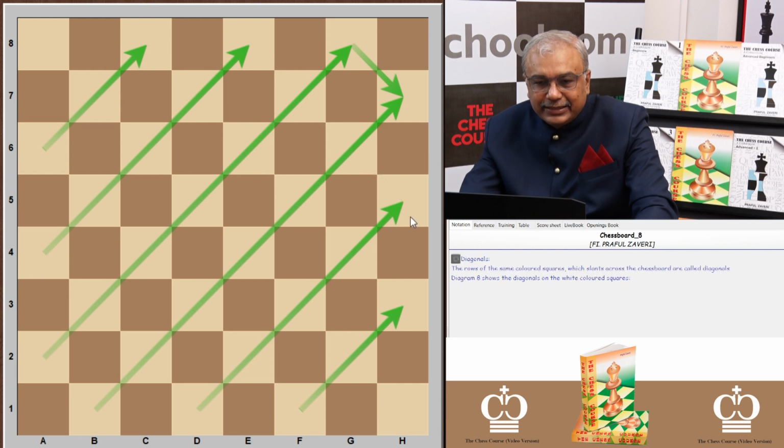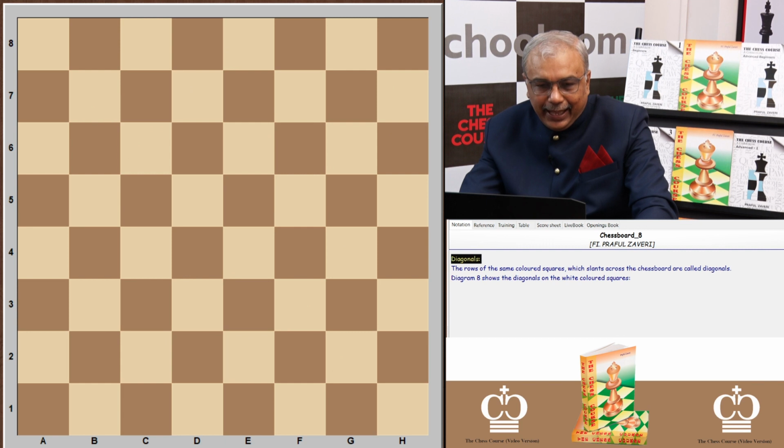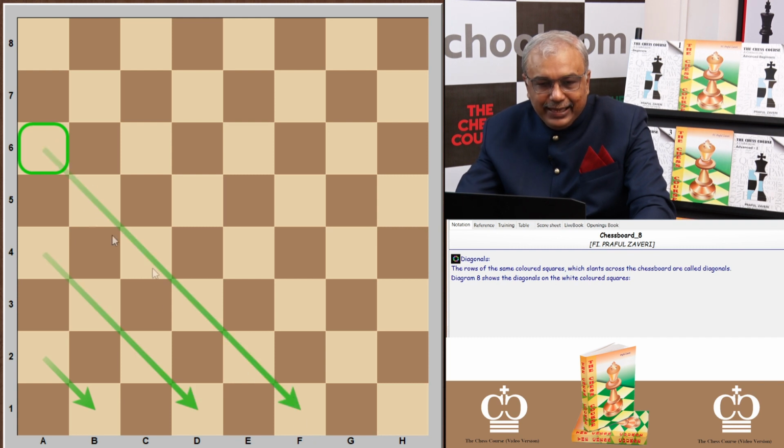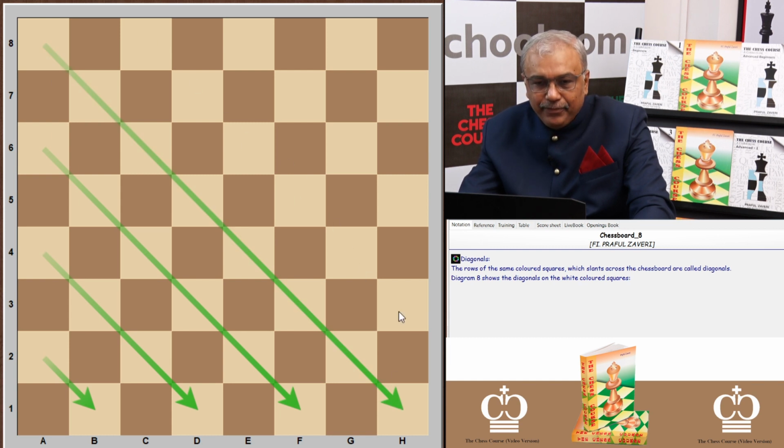And like you can see here, let me just try whether I can remove all color at a time. Yes, I can. So what do we see? White color, let us count this. So this is the shortest diagonal, 1, 2. Then 2, 3, 4. This is the longest diagonal of 8 squares, 5, 6, 7.